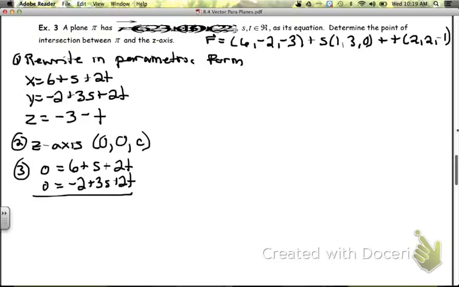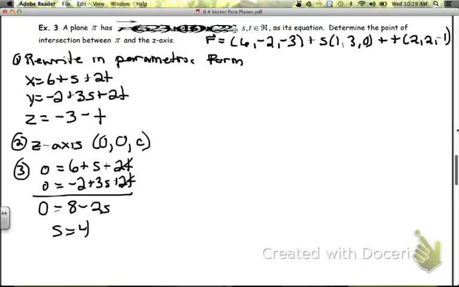Now, just like linear systems, we're going to subtract these to get rid of one of our variables. So the t's are going to be gone. 6 minus -2 is going to give us 8, and s minus 3s, so that's 1 minus 3, is going to give us -2s. This is equal to 0.